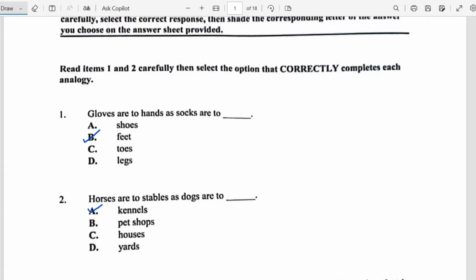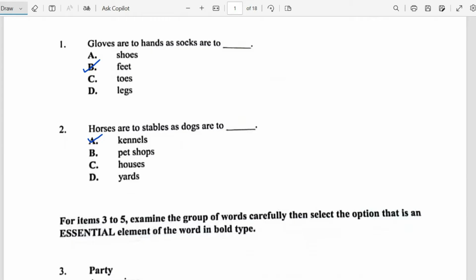Number 2, horses are to stable as dogs are to. The correct answer is kennels. Horses live in a stable in a similar way that dogs live in kennels. For items 3 to 5, examine the group of words below.